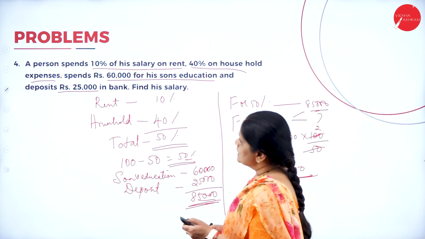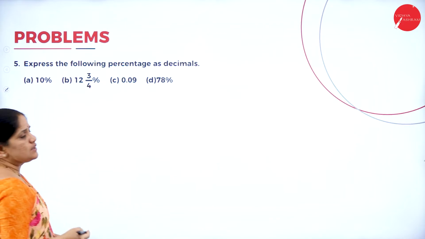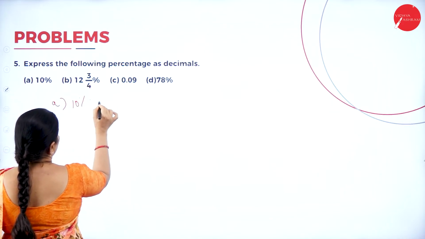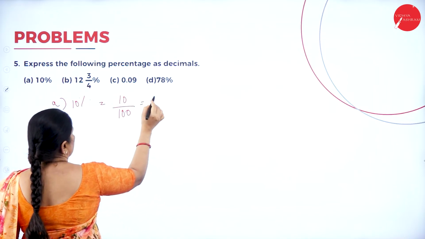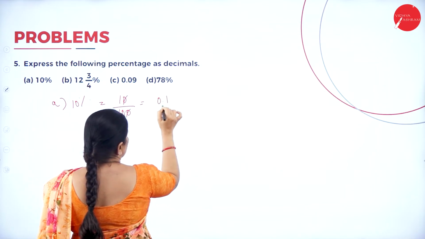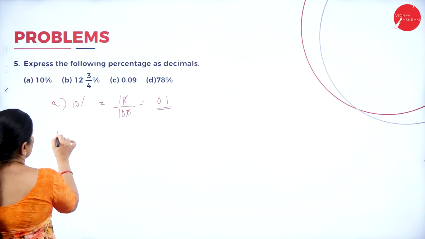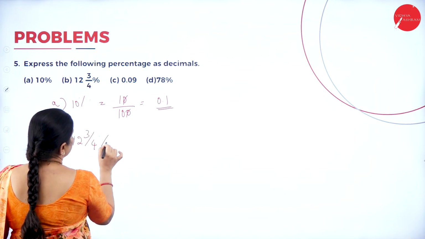Then the next problem, express the following percentage as decimal. Here A, 10% equals 10 divided by 100, that will be equal to 0.1. That is the answer. Then B, 12 3/4%.